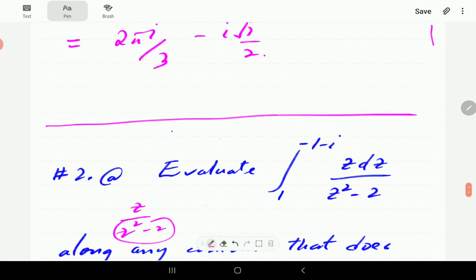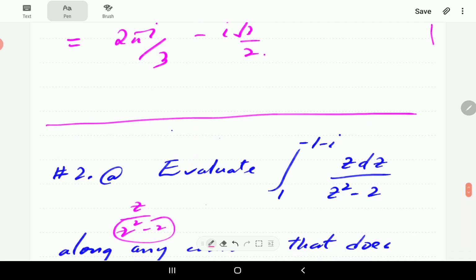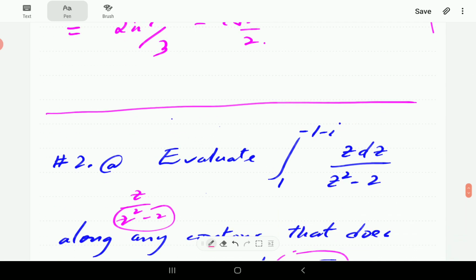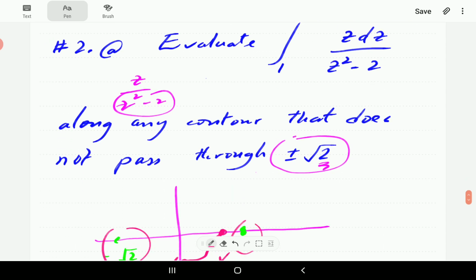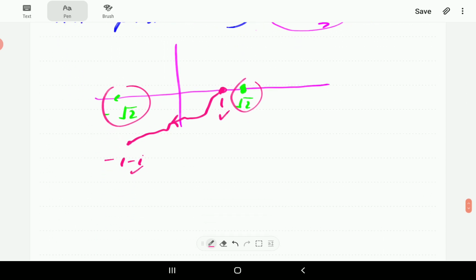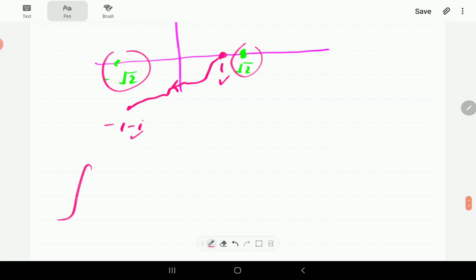Now notice that like in the first case, if the function is analytic along the path of integration, we can just evaluate this exactly using the methods from the first course in calculus. So that's exactly what we're going to do. So we've got the integral from 1 to minus 1 minus i of z dz all over z squared minus 2.